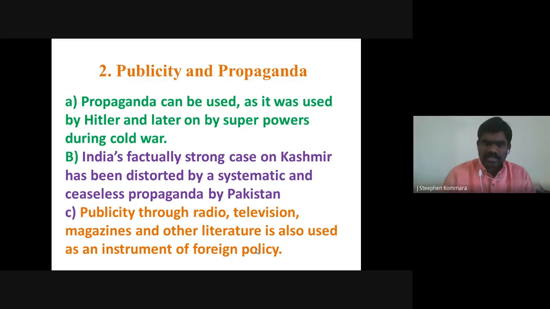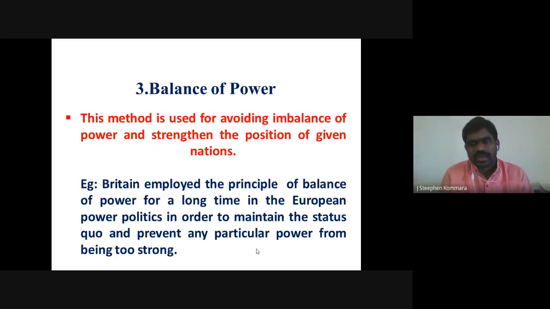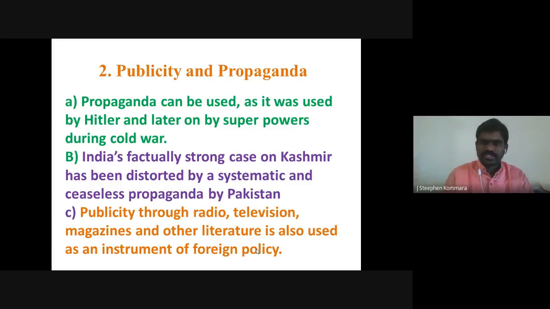Okay, next, third one, balance of power. But first, the 3 factors: diplomacy, publicity, and propaganda.